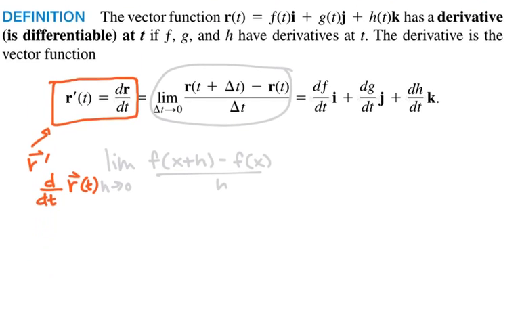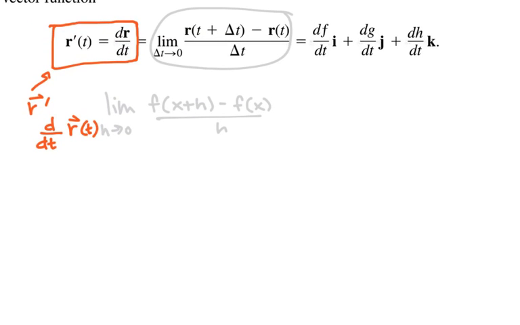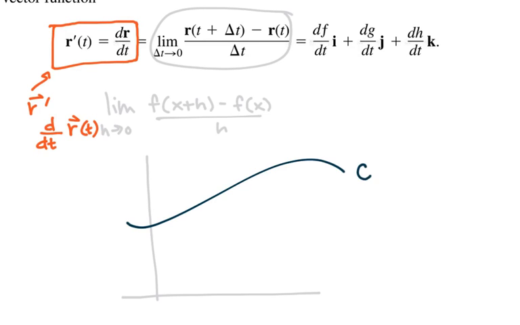So let's continue along here and consider this limit definition of a vector derivative geometrically. So again, we've got our graph. We're going to think about it in 2 space, even though we know these vectors can move in 3 space. So we have some curve, C. And this first vector is going to a point P on the curve.